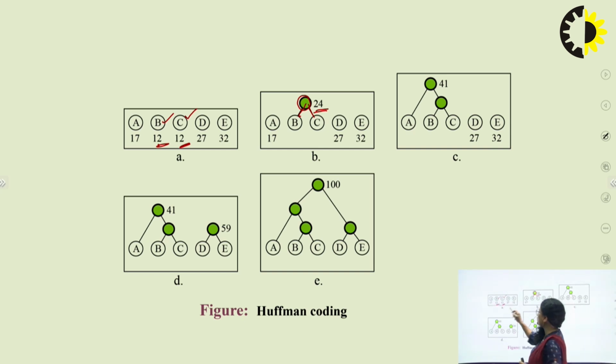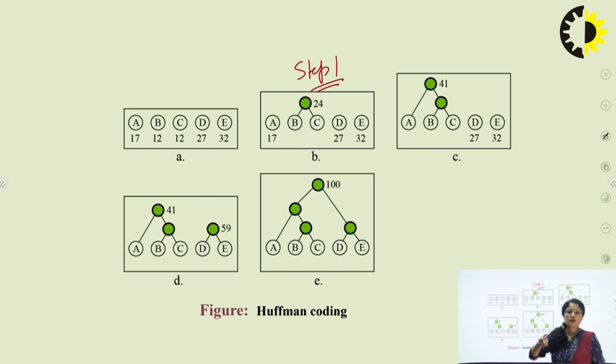So when you add 12 and 12, we get 24. This is our step number 1. We take the two least weighted nodes, sum up their weights, and we get a new frequency table.